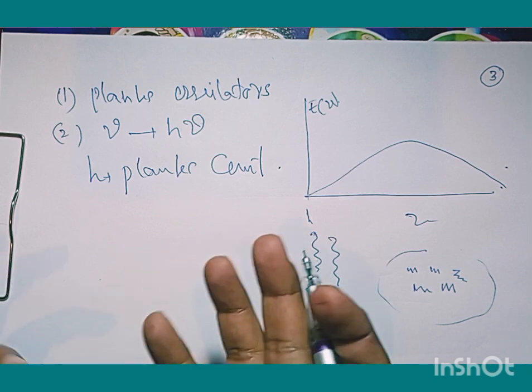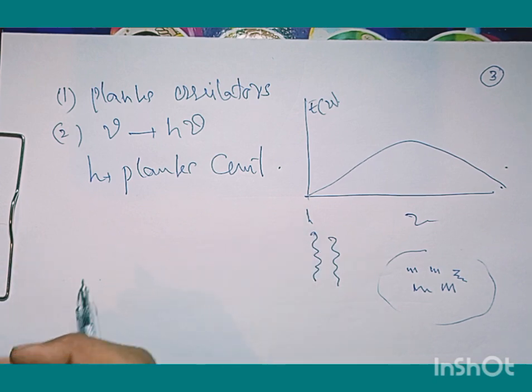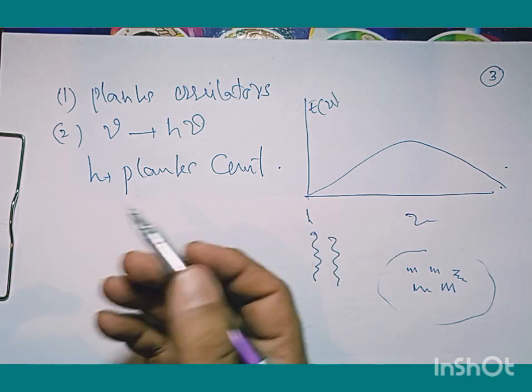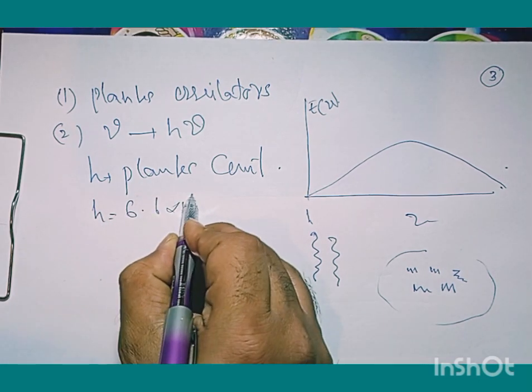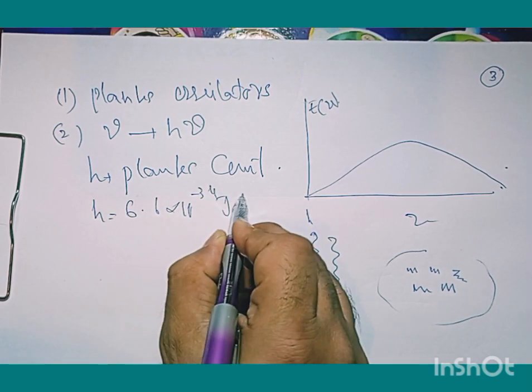This h is basically a universal constant, and its value is 6.6 times 10 to the power of minus 34 joule second.